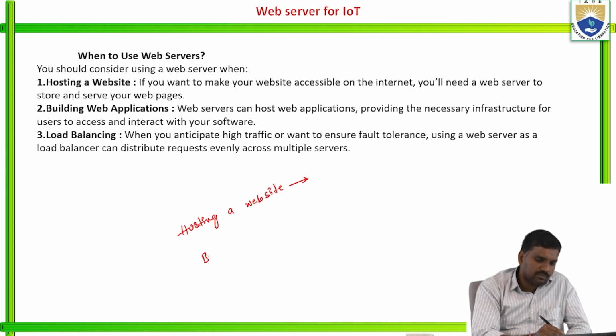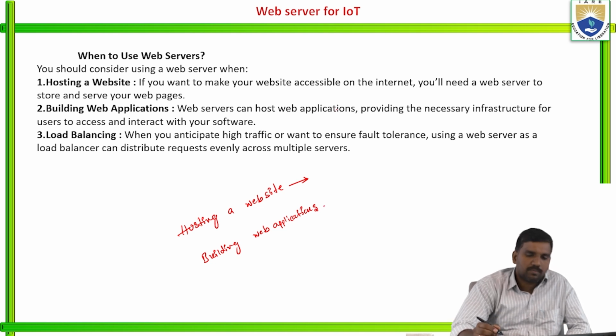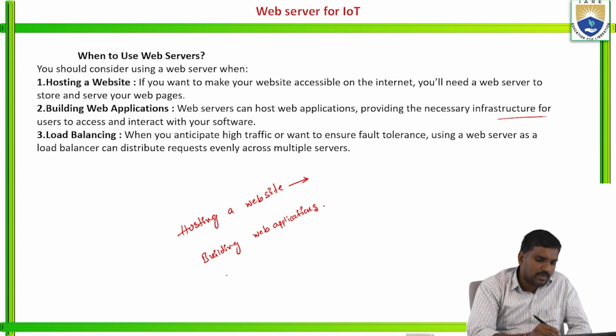Next, building web applications. When building web applications, web servers can host web applications, providing the necessary infrastructure for users to access and interact with your software. And load balancing.